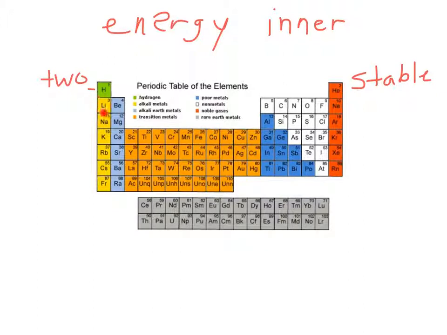Lithium, found right here, starts energy level 2 and has 1 outer electron. The second energy level ends on the other side over here with neon, which has 8 outer electrons and, like helium, is stable.